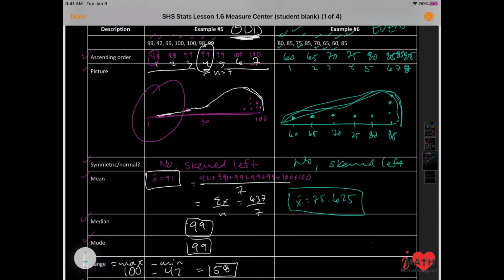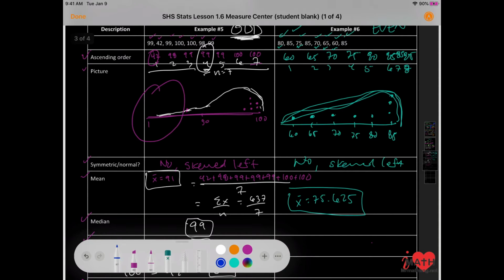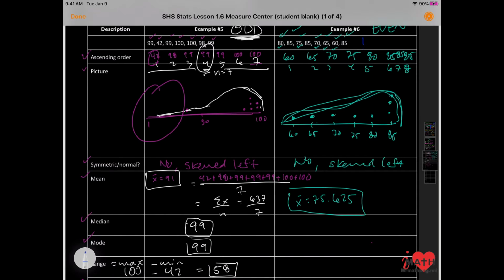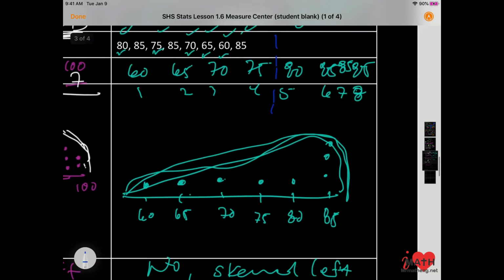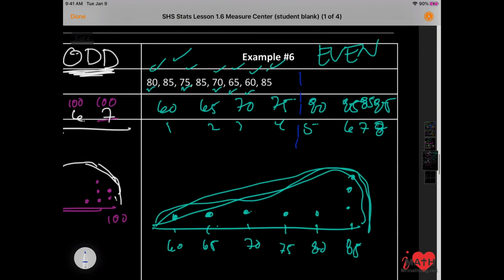Okay, what's the median? Well, remember, you have an even set, so if I draw this blue dotted line, that means there are 4 numbers to the left, 4 numbers to the right, which means you have to take the average of the 4th and 5th number.